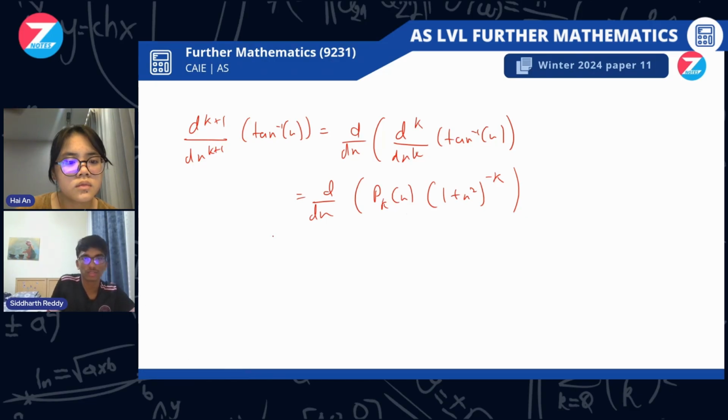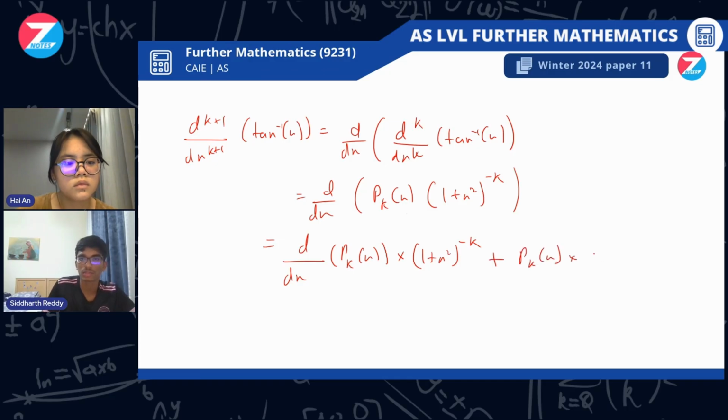So we first derive d by dx of pk of x times 1 plus x squared to the power minus k, plus pk of x times d by dx of 1 plus x squared to the power minus k.